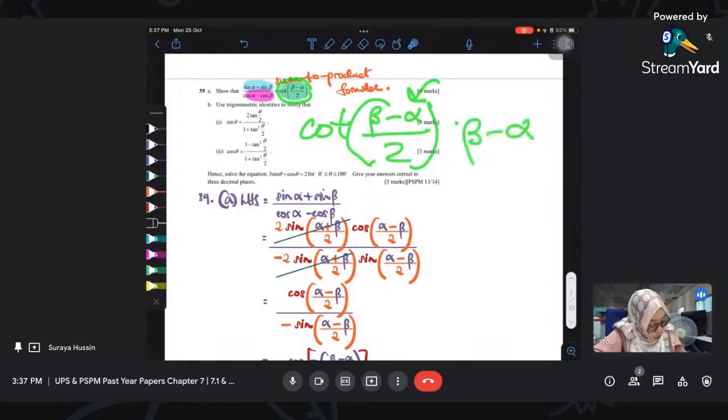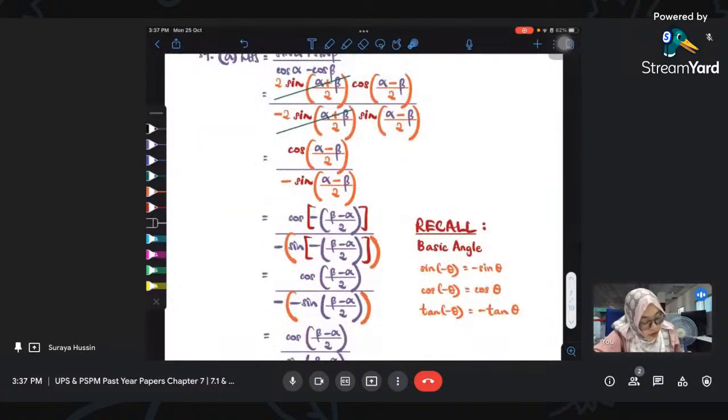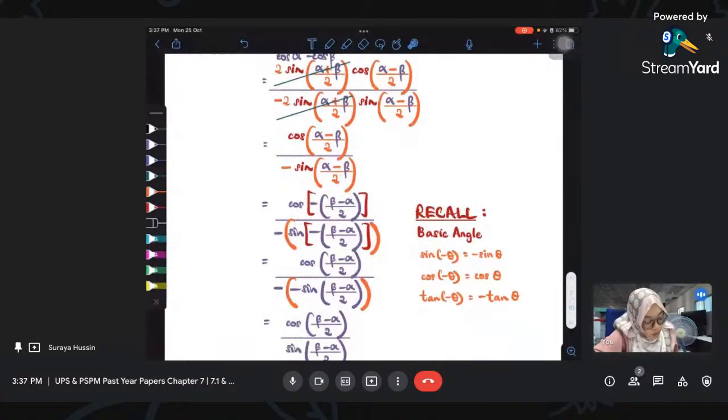So you have to change that alpha minus beta. Originally it's alpha minus beta, and you have to change it into beta minus alpha over 2 by factoring out the negative sign. Okay, you factor out the negative sign, you will get this. See, just bring the negative out, factor it out, you will straight away meet beta minus alpha. So here goes that. And then if the top is changed, of course the bottom also needs to change.